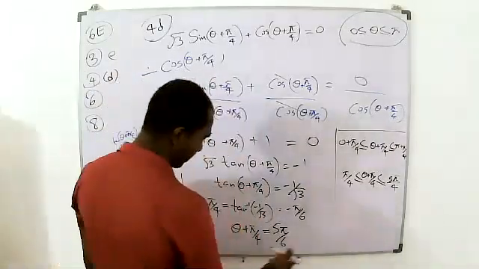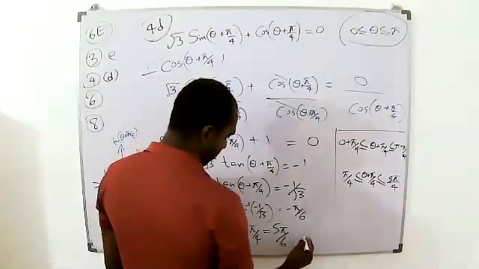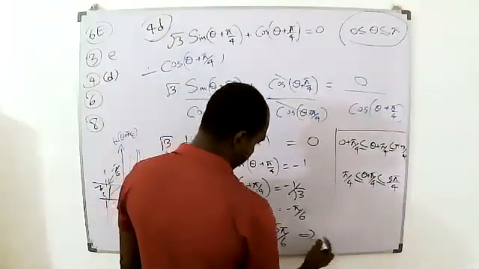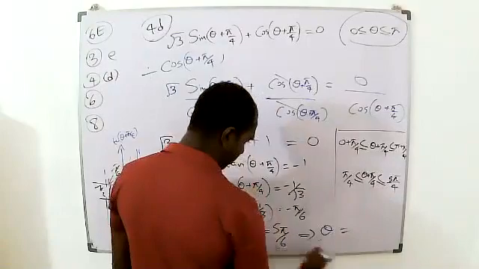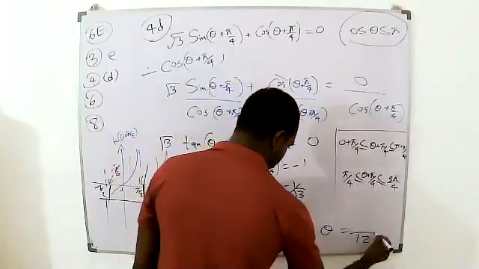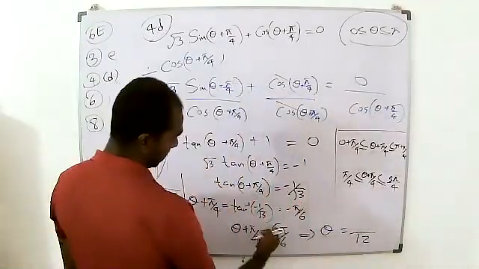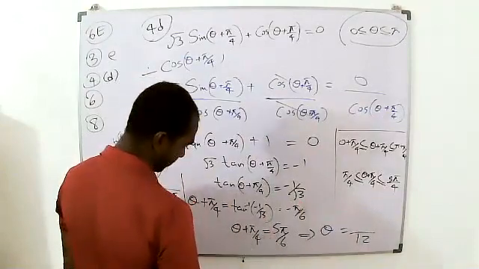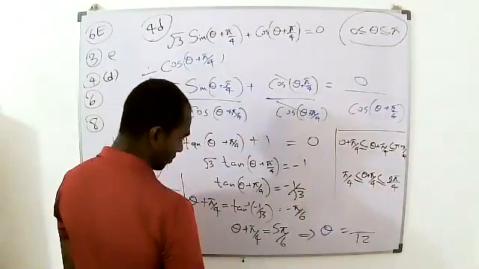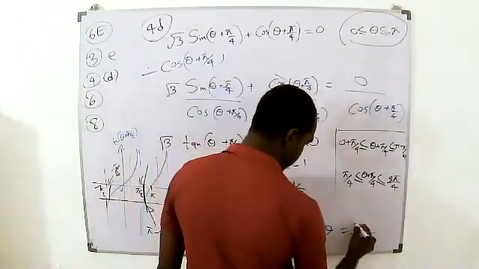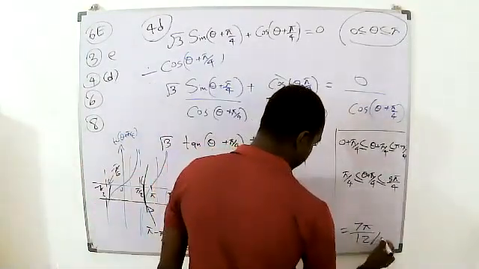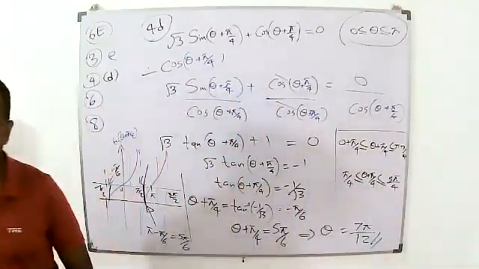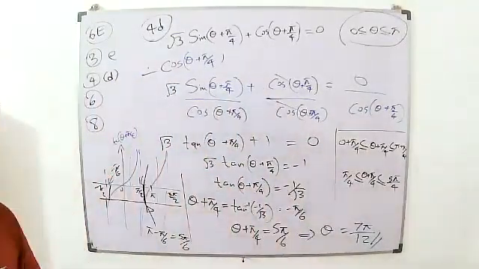So if we take a common denominator and solve, we will have theta equals, 12 will be the common denominator. It will be 10 phi, this will be 3 phi, so 7 phi. 7 phi over 12. Theta is equal to 7 phi over 12.